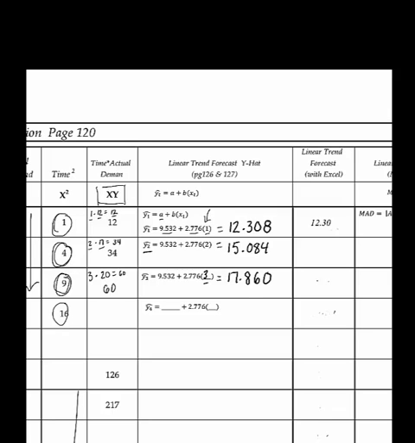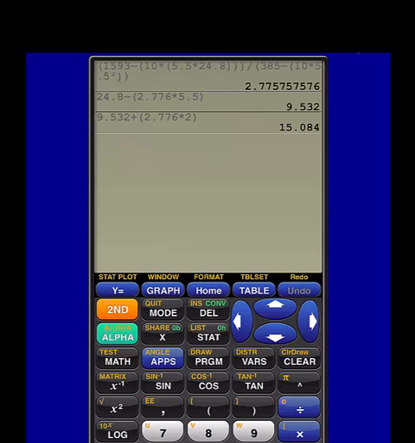Now you probably know this, but on a TI-84 it does make it a little bit easier because you can just re-enter the equation. So let me show you quickly how to do that. Here I am with my calculator. I got in my period 2 there, 9.532 plus 2.776 times 2. Now I want to do period 3, so I press second and enter, and voila, there it is again.